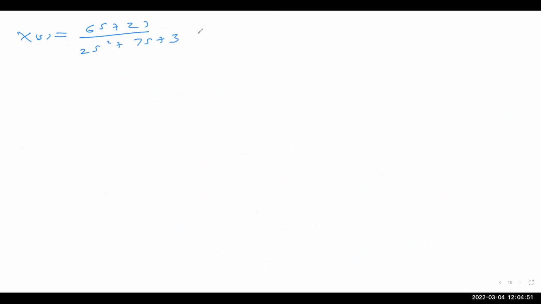So we'll take the 3 out of here, since 3 is common in this top part. 21 is 3 times 7, so we'll get 3 times 2s plus 7, divided by 2s squared plus 7s plus 3.